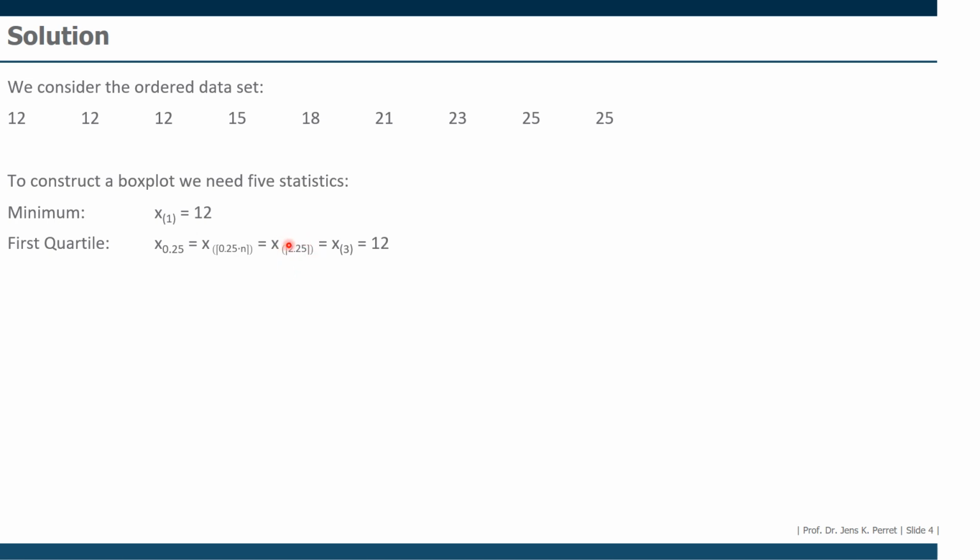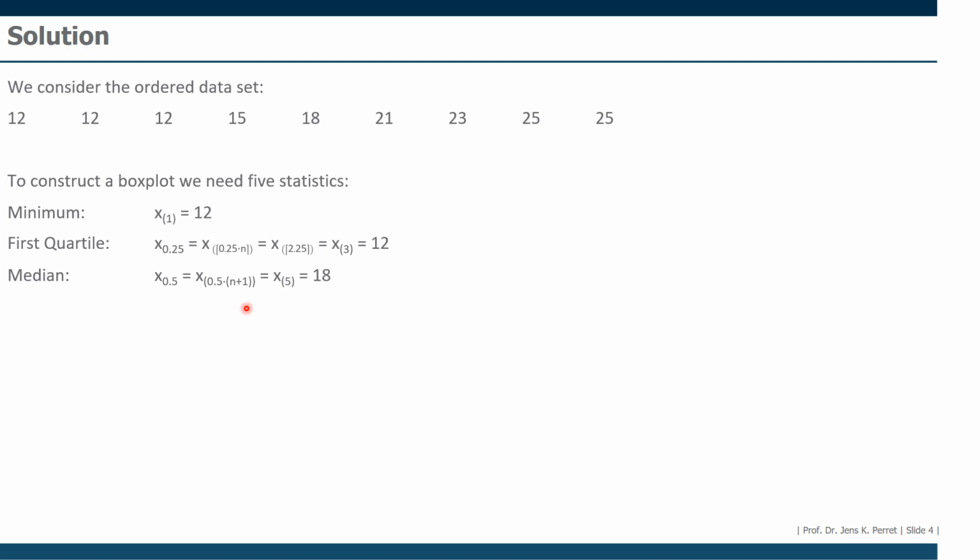That's what these half brackets actually mean: I'm always going to round up. Even though here I have 2.25, and usually I would round down, those half brackets mean always rounding up. Rounding up from 2.25 gives me 3, so I'm taking as the first quartile the third observation, which is this 12.